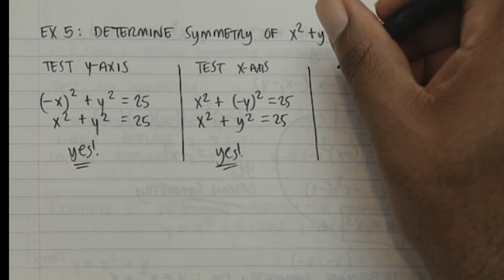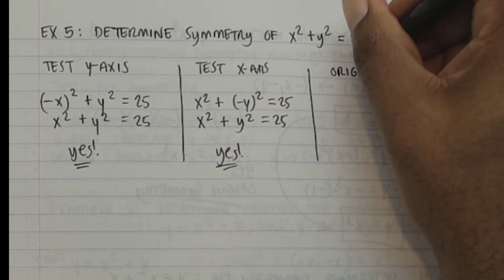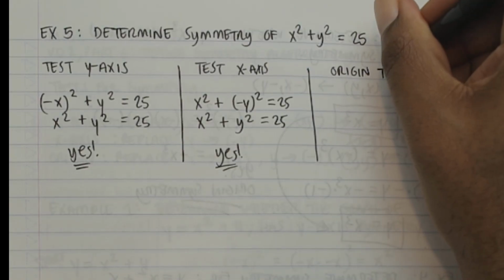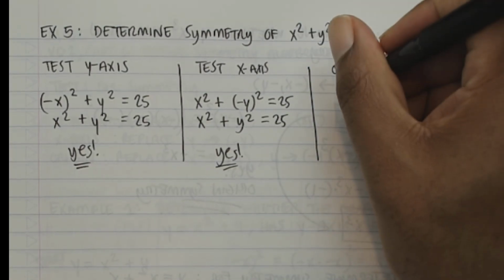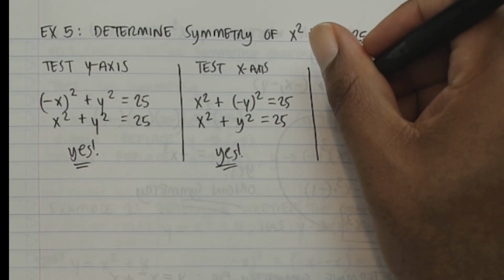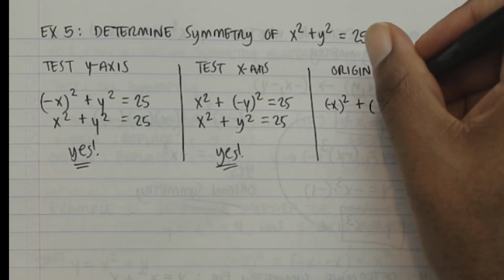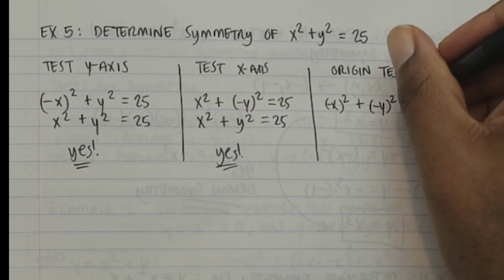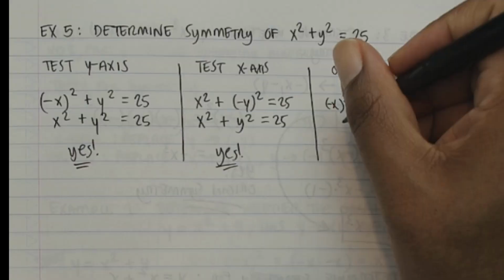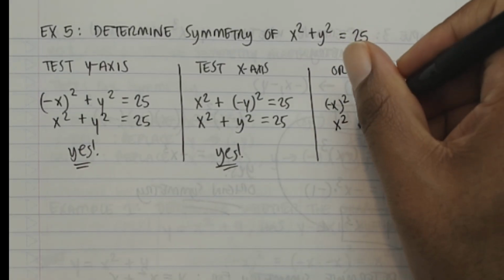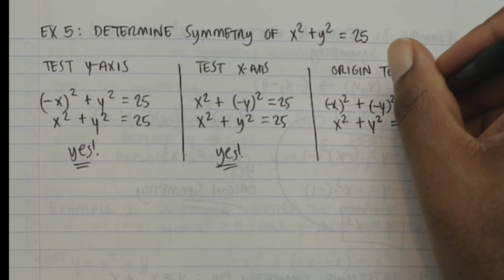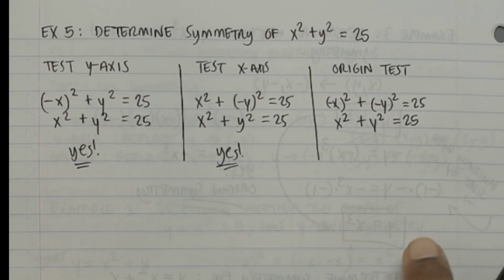And then finally, let's test for the origin. In testing for the origin, we have to switch both: negative x squared plus negative y squared equals 25, which results in x squared plus y squared equals 25.